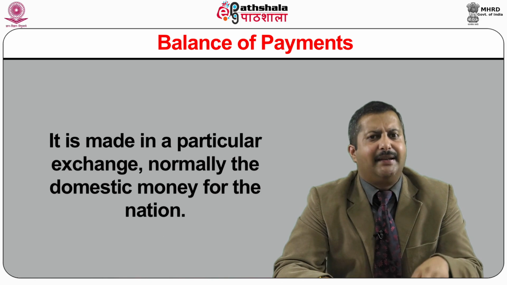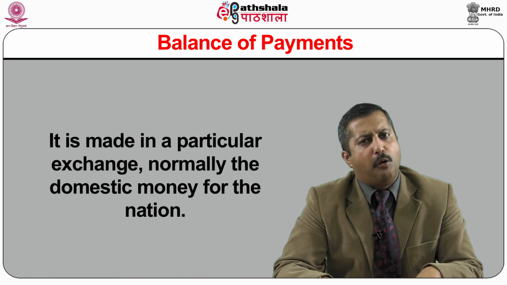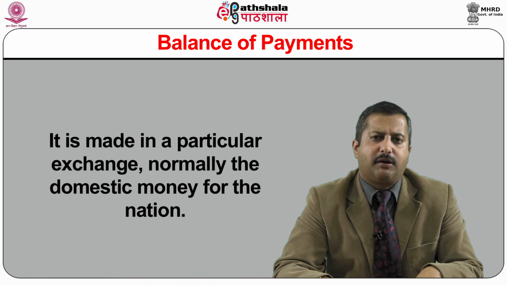It is made in a particular currency, normally the domestic currency of the nation. Sources of funds for a country, like exports and earnings of investments and loans, are documented as positive or plus items. Usage of funds, like for imports and investing in overseas nations, should be documented as negative or deficit items.